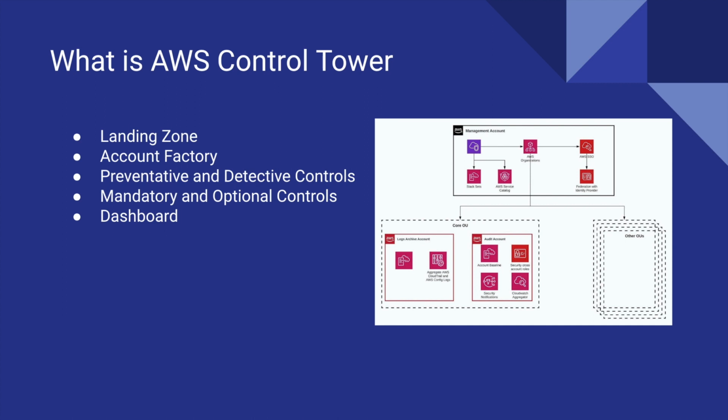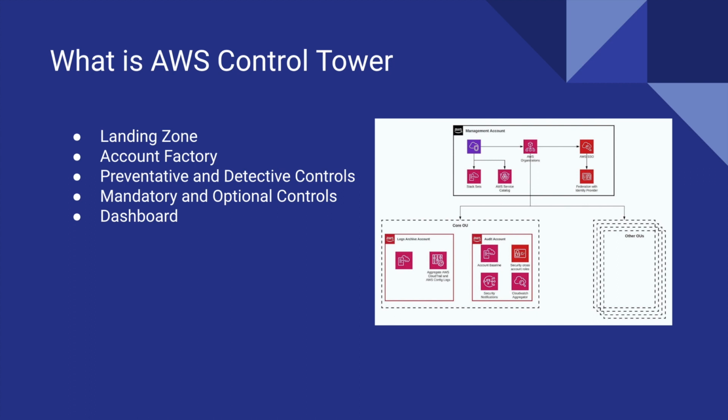Mandatory and optional controls. So AWS Control Tower does put in some mandatory controls. These are basically ones that protect the Control Tower deployment itself. And then on top of that, there is now a huge catalog of optional controls that can be deployed across the environment, such as denying the use of the root user across accounts, or denying the ability to remove an account from an organization, or denying S3 buckets from being made public, etc. And then this can all be viewed within the Control Tower dashboard.